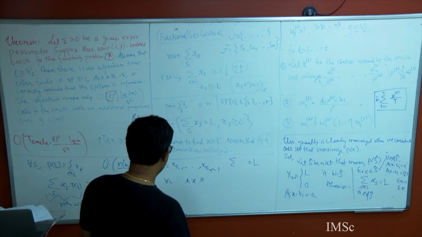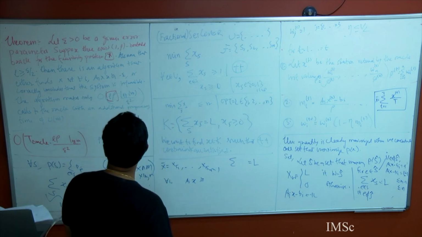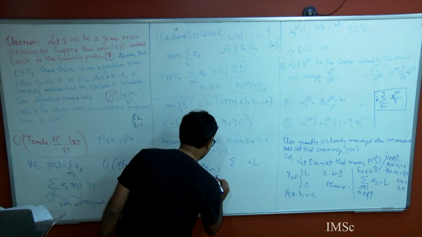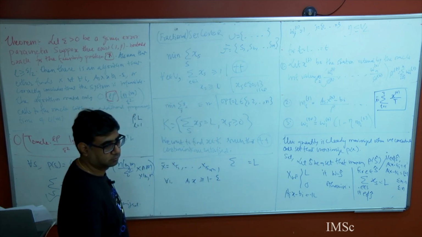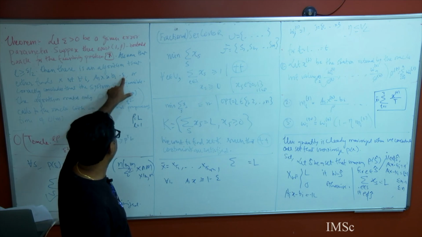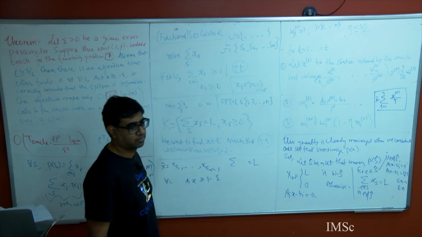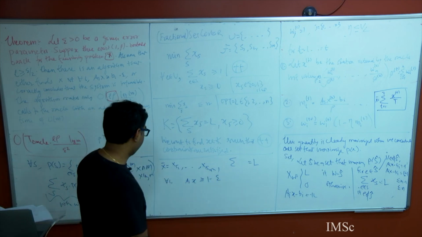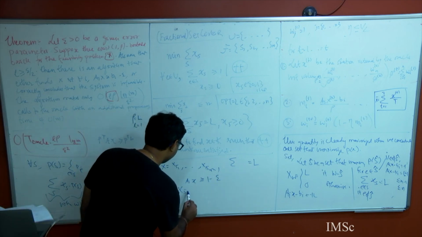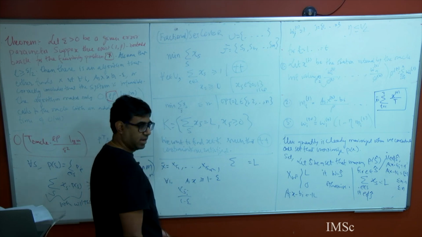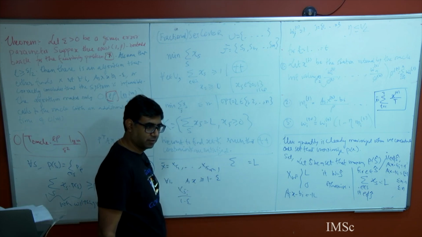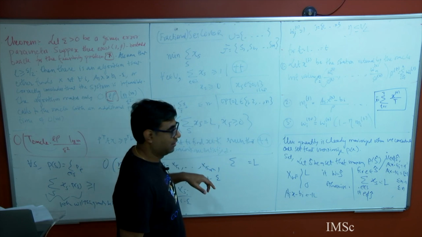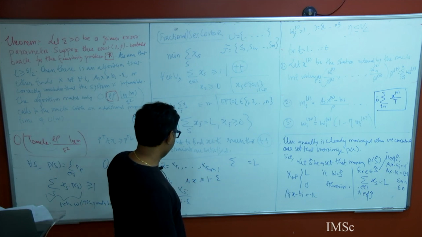But now what is the property of each xi? That this is greater than or equal to bi minus epsilon. So this is greater than or equal to 1 minus epsilon, right? So now if I take x scaled by 1 minus epsilon, then I'm definitely a feasible solution to everything. But now my opt, which was L, is how much?